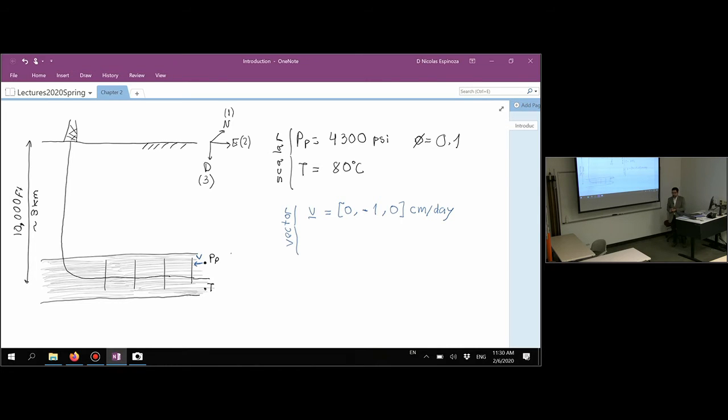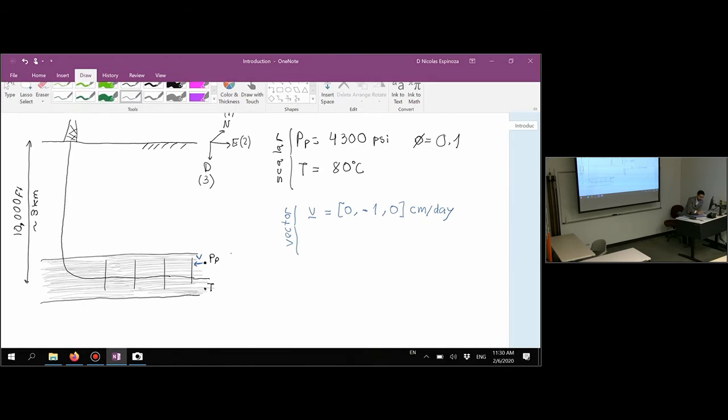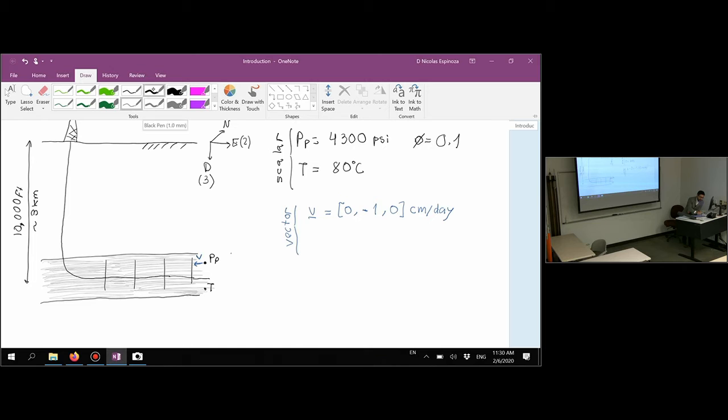A force could be a vector, but I don't see very clearly how to do an example here with force. No, not pressure. We say it's a scalar. We just need one number to define it. Well, let me help you with that, because that one is not that easy to figure out.